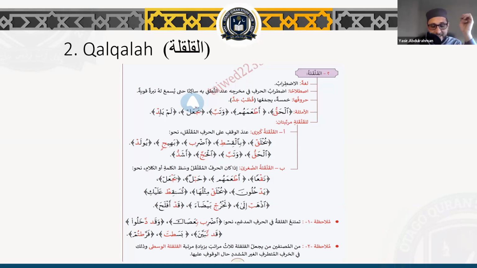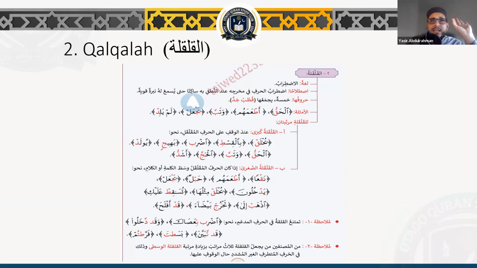The second one is adding a hamza to the qalqala. This is pushing it too far, because you're stopping the sound after you moved from the articulation point. So if I say ahad, now I stopped on the qalqala.